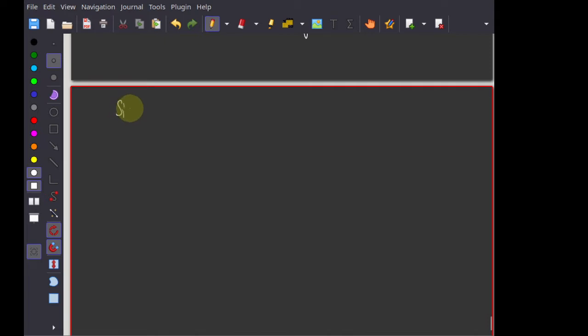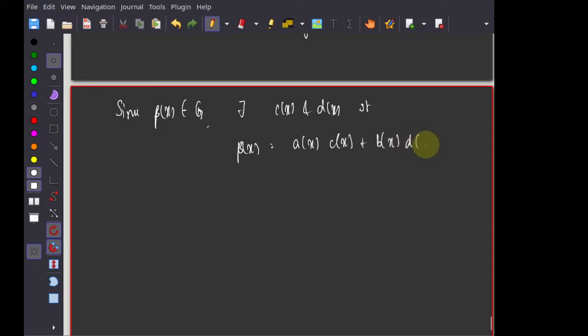Since beta is in G, there exist some c(x) and d(x) such that beta(x) is equal to a(x)c(x) plus b(x)d(x). Nothing new. Beta is in G, therefore I can write it in this particular form. Now beta is the special element which has the least degree.